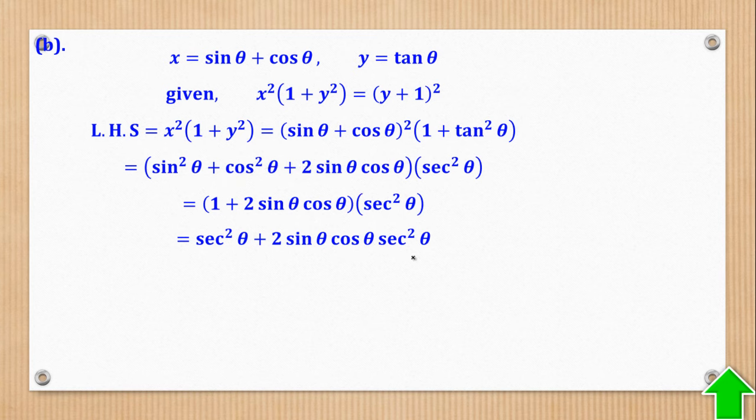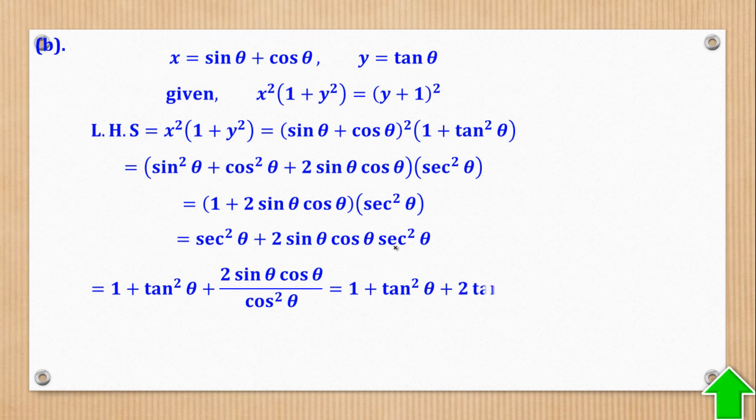But sec squared theta is the same as 1 over cos squared theta. So for this one, we just replace in terms of tan, 1 plus tan squared theta. But for this, we change to become 1 over cos squared theta, where 1 cos goes with this, and 1 with this gives you tan.